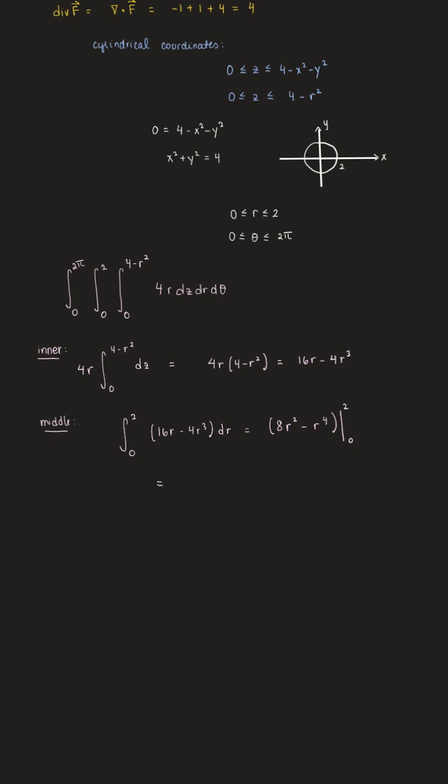And so that's going to be 32 minus 16, which is 16. Okay, and finally our outer integral, we just have a constant 16, integral from 0 to 2 pi d theta. So this will just give us 16 times 2 pi, and our final answer for outward flux is 32 pi.